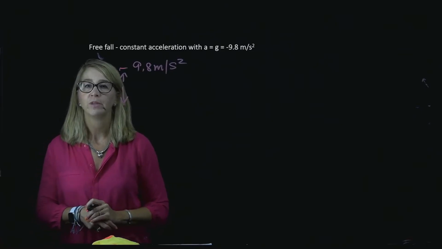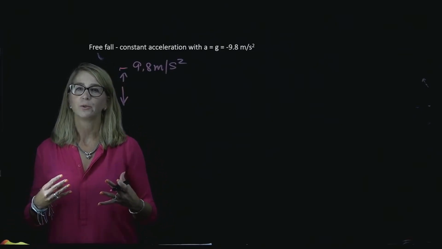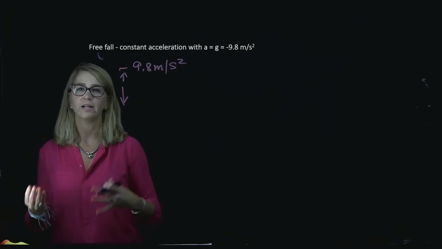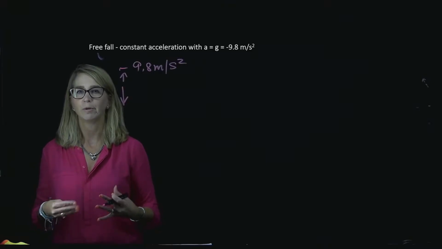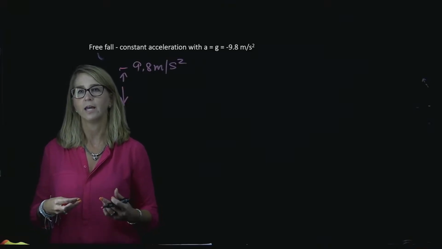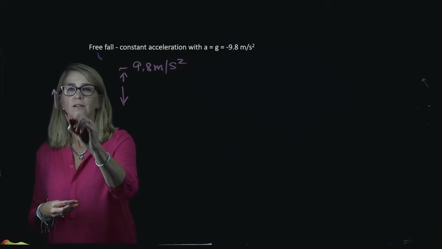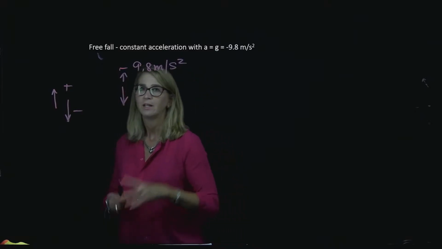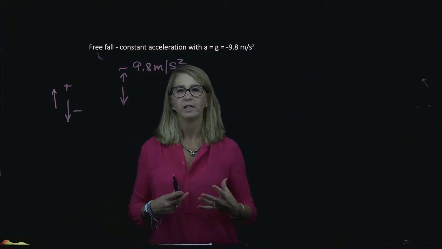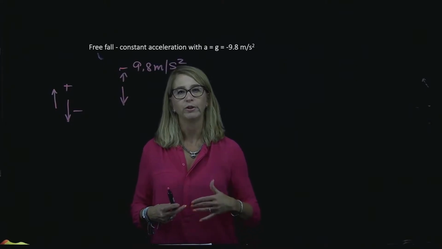And typically, because when we're using 1D motion, we have to assign a positive and a negative direction. And when we do vertical motion, our typical assignments are that going up is positive and going down is negative. Okay?